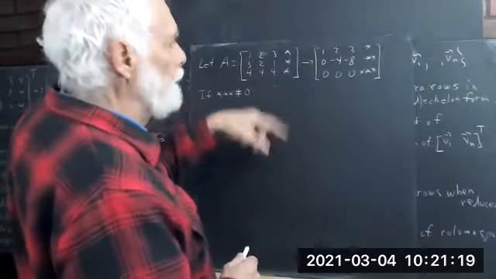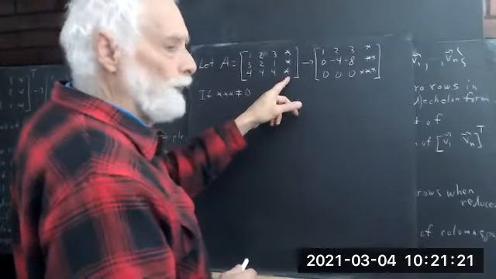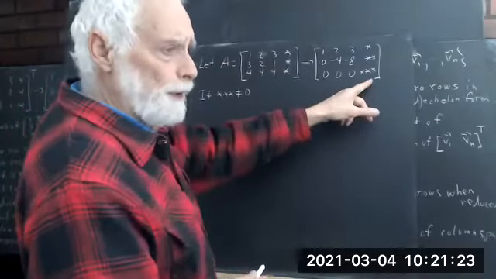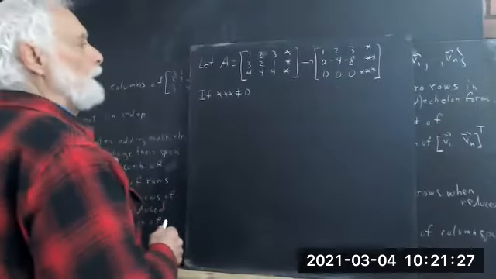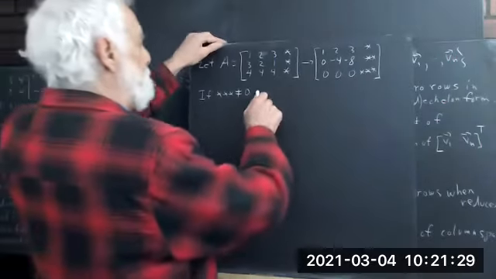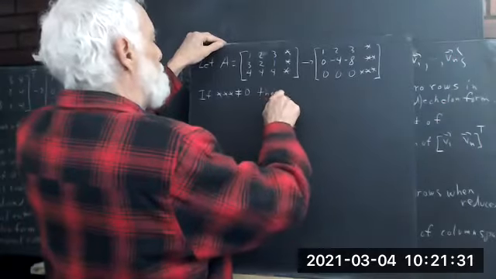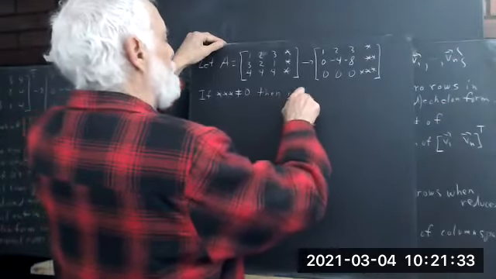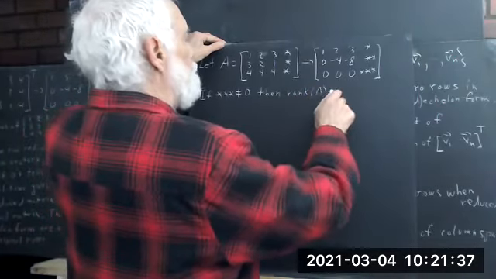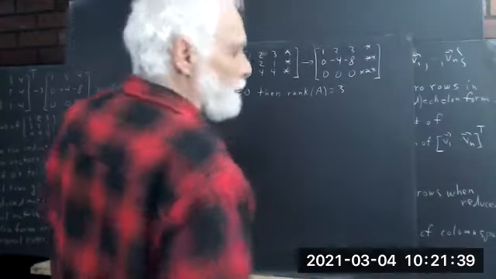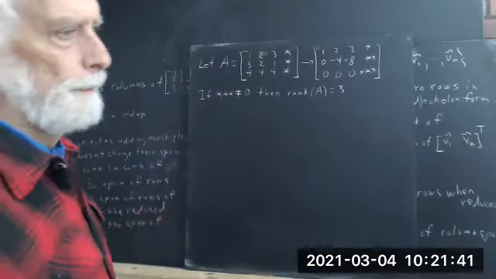You'd have to choose numbers very carefully to get this thing to match up with these in such a way that you get a 0 here. Could happen, but not. If triple asterisk is 0, then the rank of A is 3.